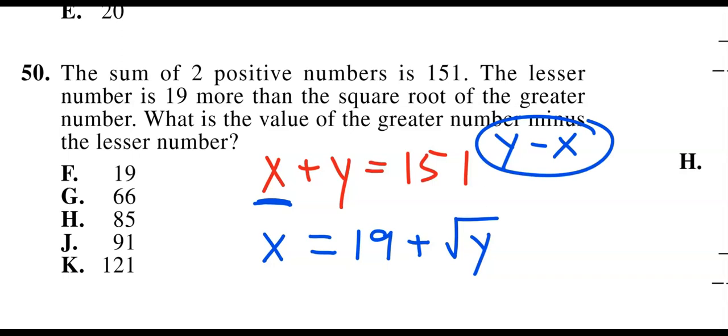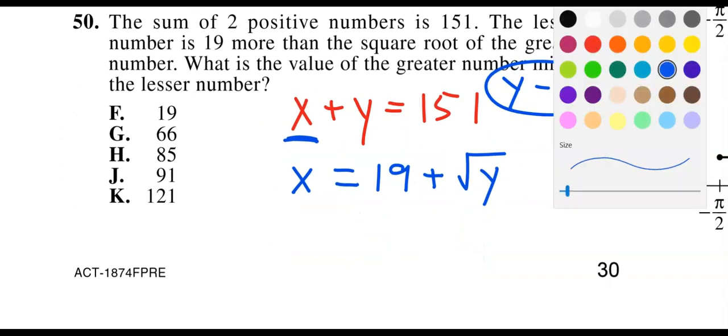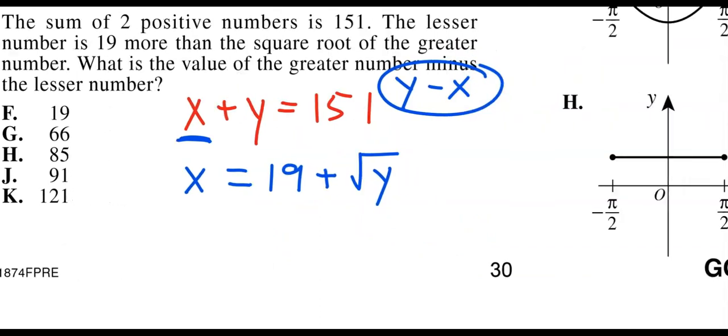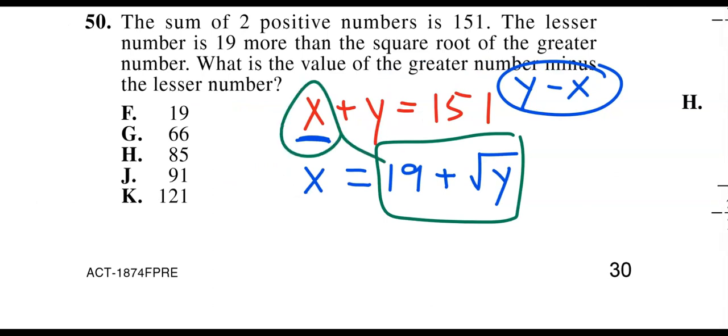Now, I don't think there's any other way to do this besides substitution. If you can come up with a faster way to do it other than substitution, great. But I suggest you do this: you take this and plug it in here for x, and I will do the same and see if we agree.